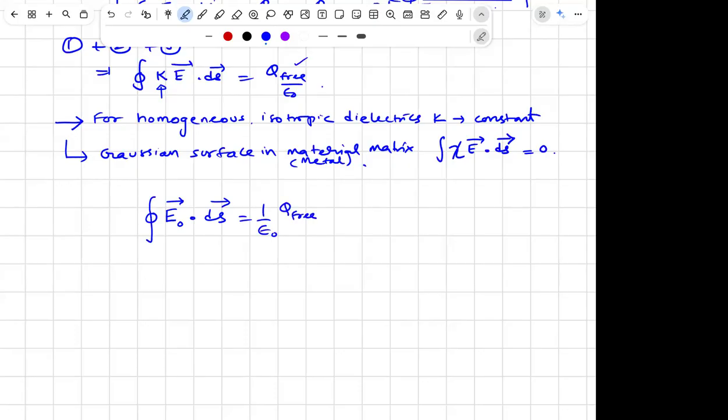Here, E naught refers to the field only due to the free charge. Field only due to the free charge. Next. So what happens?